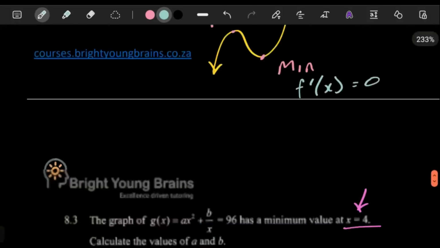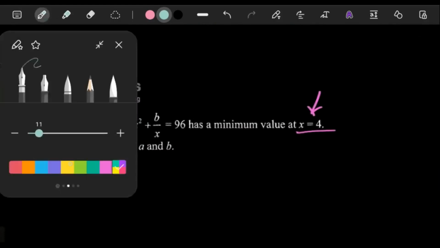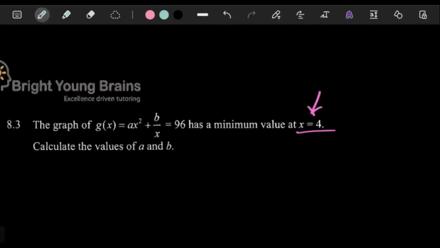So if we are going to be strategic about this, anytime they're speaking of a minimum value, we should keep in mind that it is a point where the first derivative is equal to 0. So let's get the first derivative and make it equal to 0.